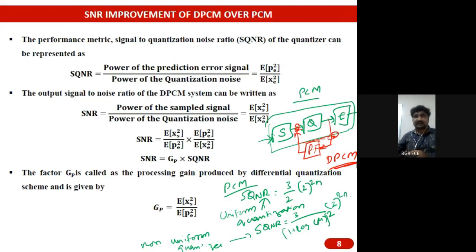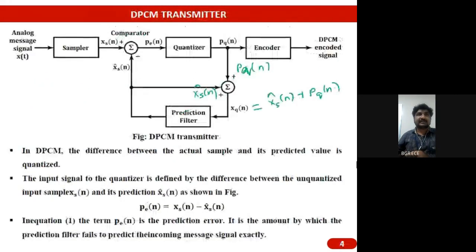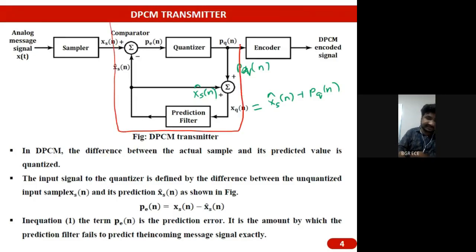We'll go to the block diagram of the DPCM so that you can see. In PCM, we have only the quantizer. But in DPCM, we have the quantizer along with the prediction filter in the feedback path.